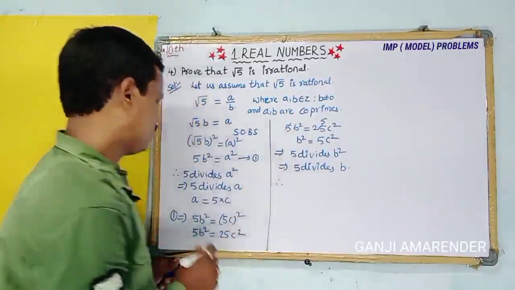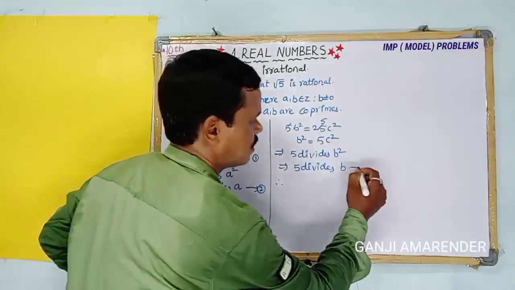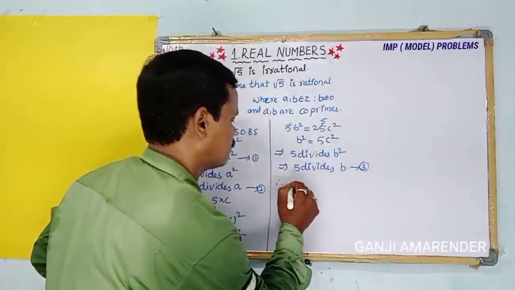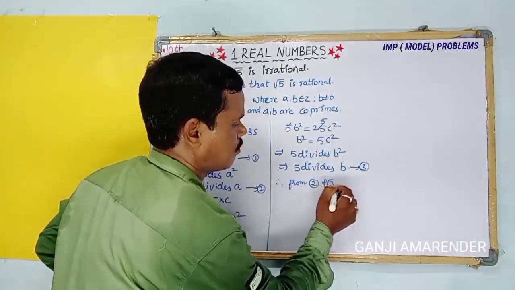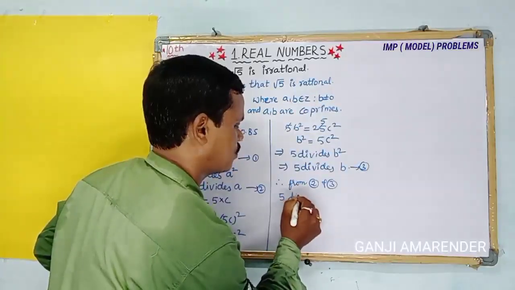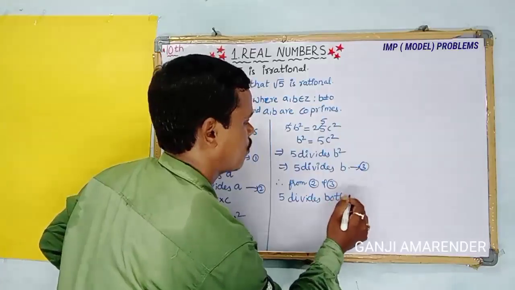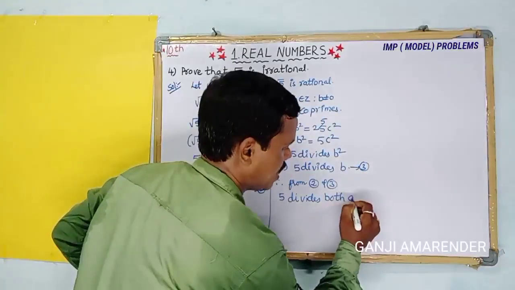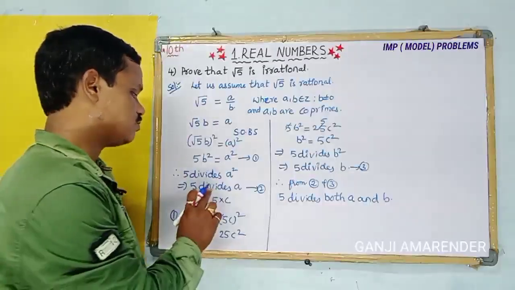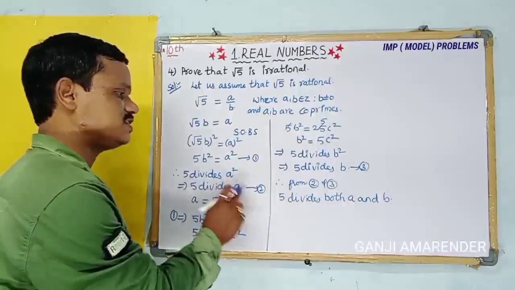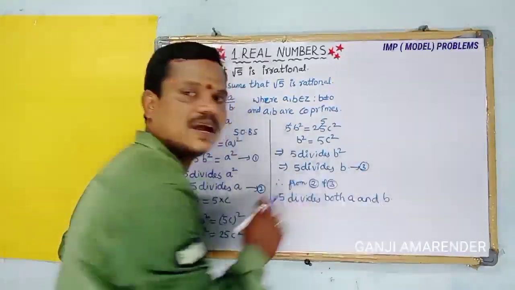Therefore, from equations 2 and 3, 5 divides both a and b. Here 5 divides a, 5 divides b.